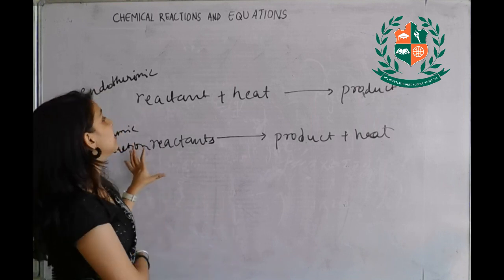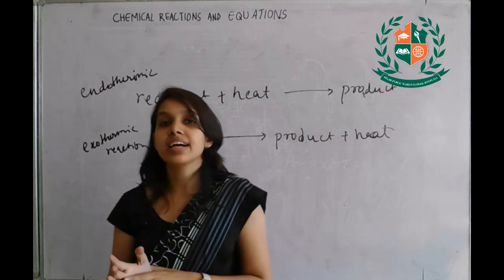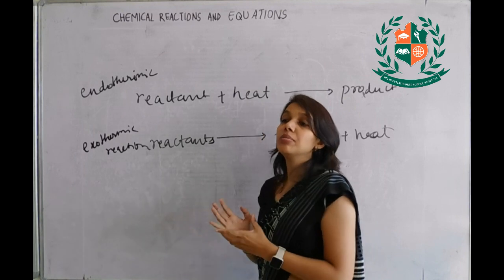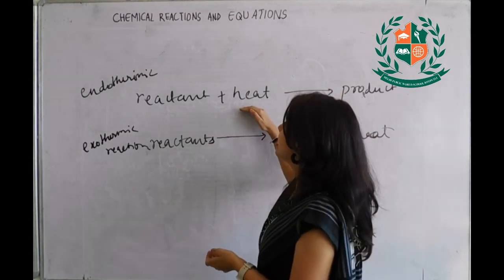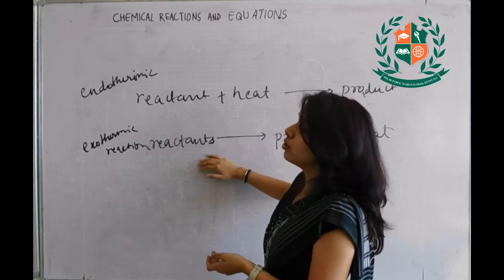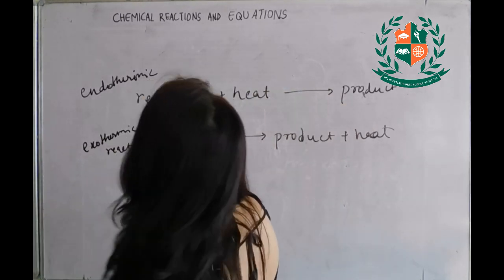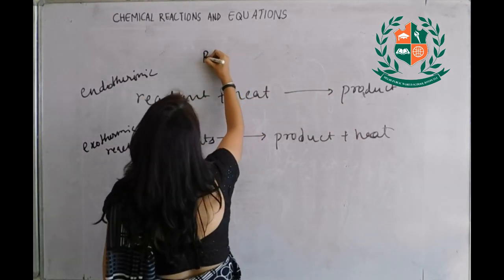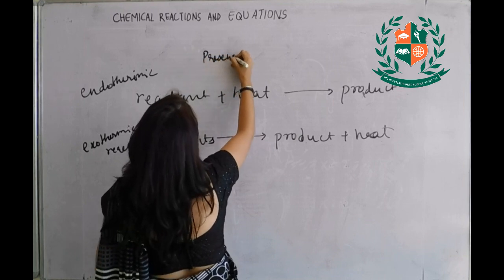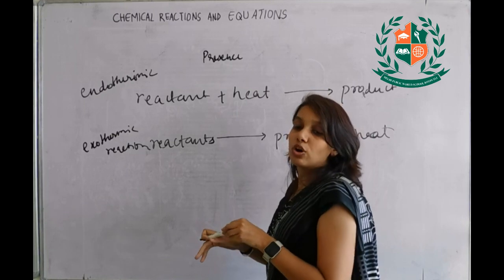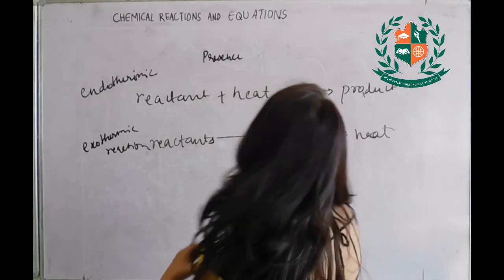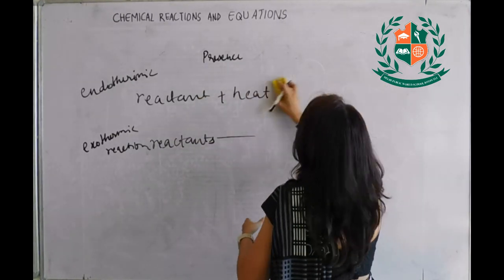And that would be all about chemical reactions: how we write them, what these symbols symbolize, what heat represents, and one more characteristic, the conditions. In what condition any reaction is taking place, that we also try to write.